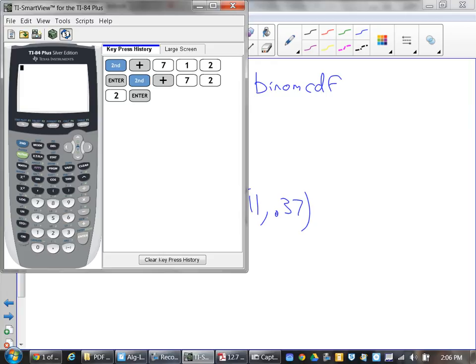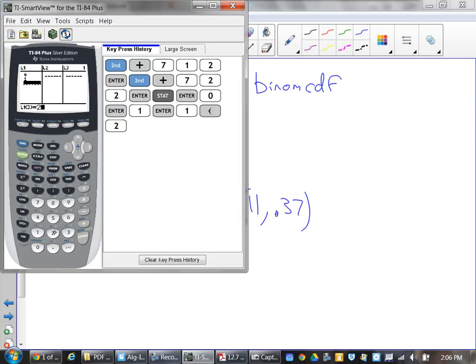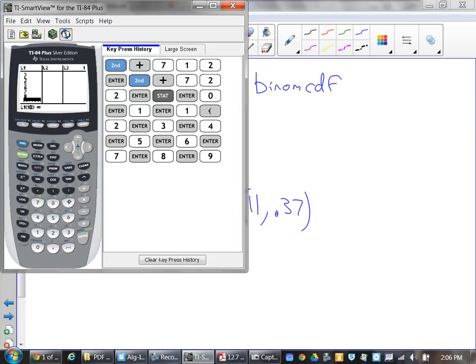I would go through stat, edit, L1, I'll put 0 through 11. Then for L2, remember we had to go through and type in all those combination problems, all that long form? The PDF version will do it quicker. Here's how it works.